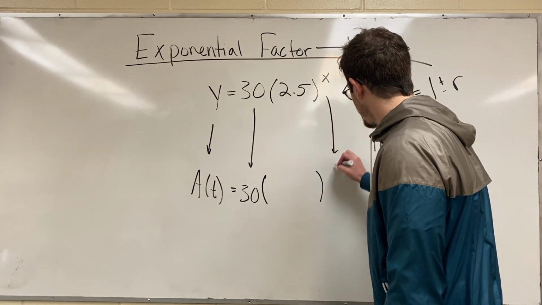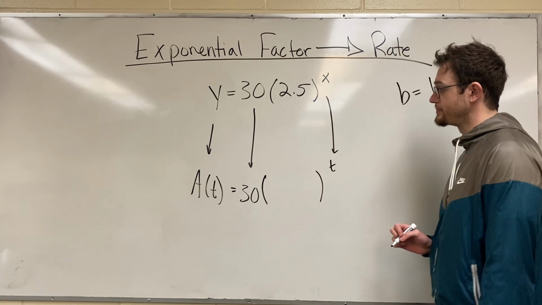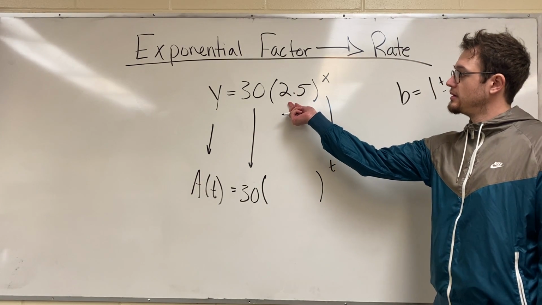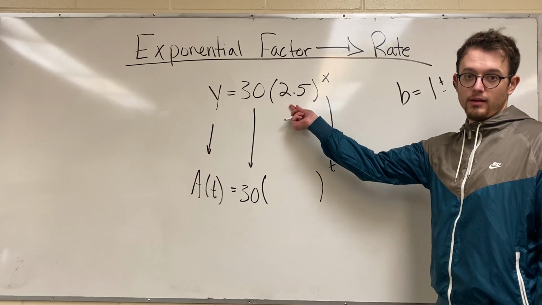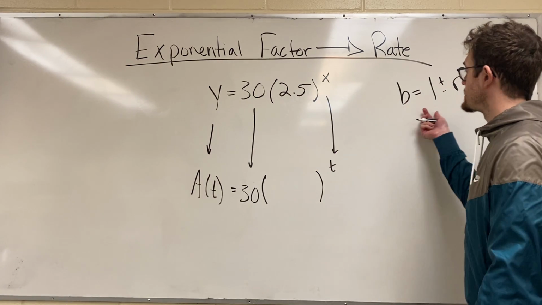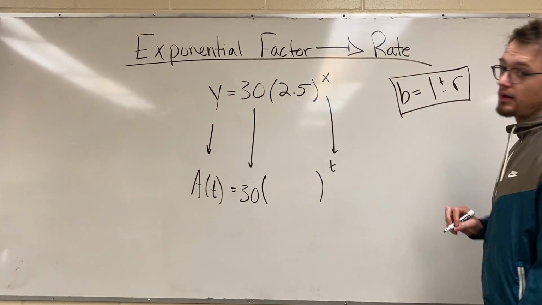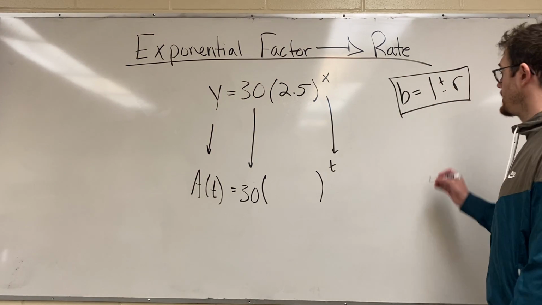And then that becomes T. All right, but how do we change this? Well, I can plug this in. I know what B is, and I have this general form of an equation.